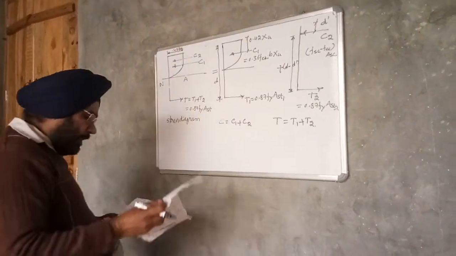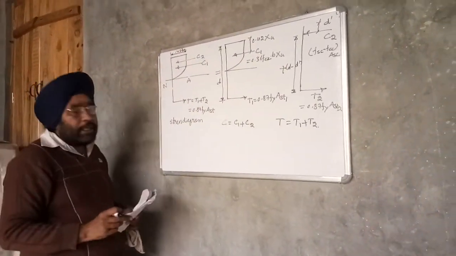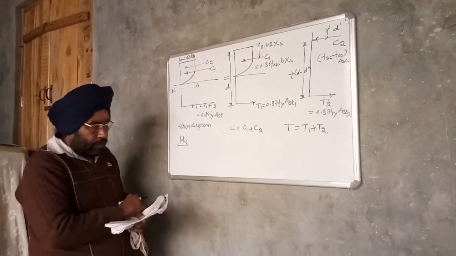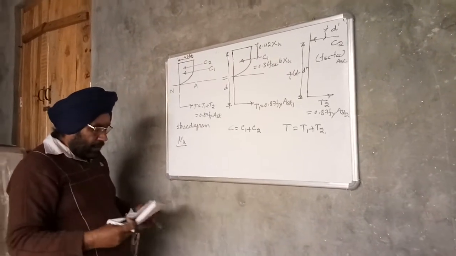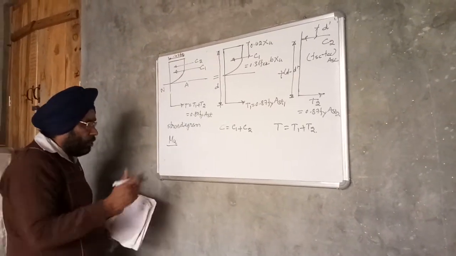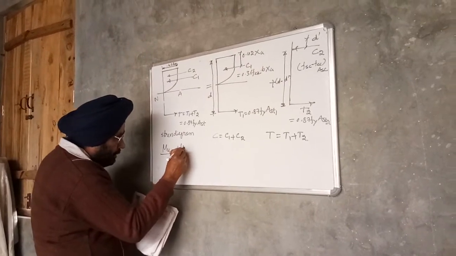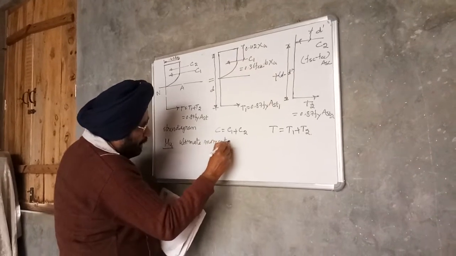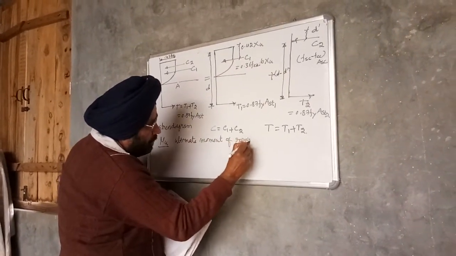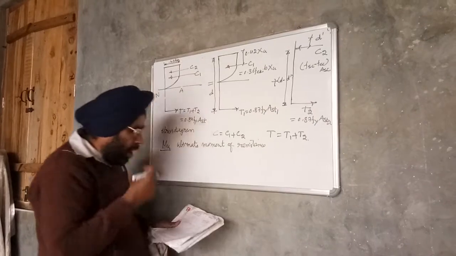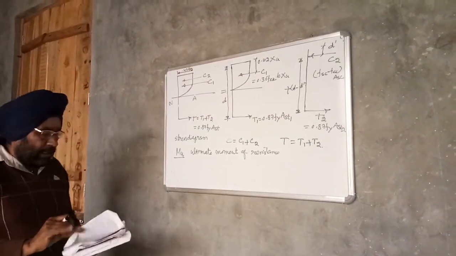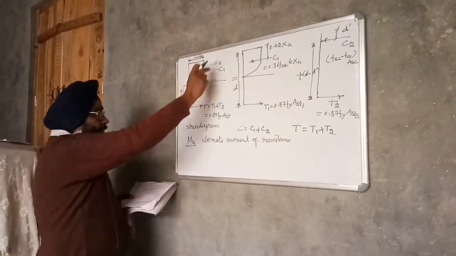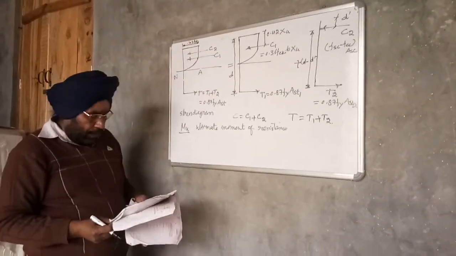Then the ultimate moment of resistance of the doubly reinforced beam section. Mu is the ultimate moment of resistance of the doubly reinforced beam section. It is obtained by taking moments of C1 and C2 about the centroid of the tensile steel.